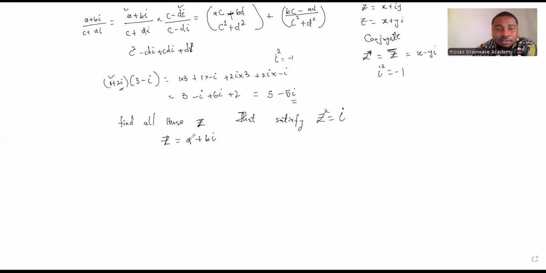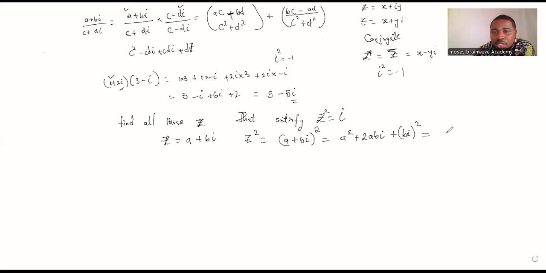So technically, if this is what we have, then z squared is going to be what? a plus bi all squared, right? So if we square this, what are we going to be having? Now we expand this, we're going to be having a squared plus 2abi, then plus bi also all squared.